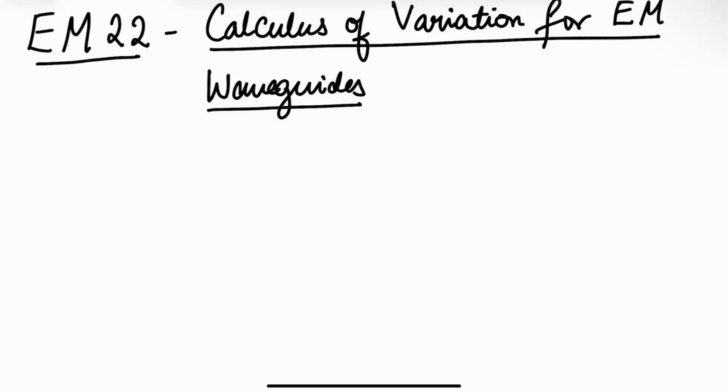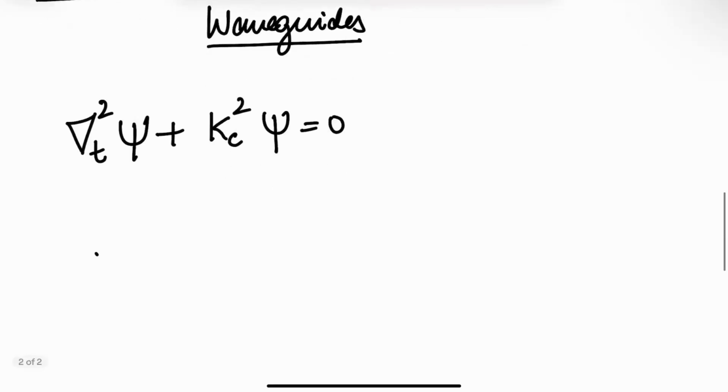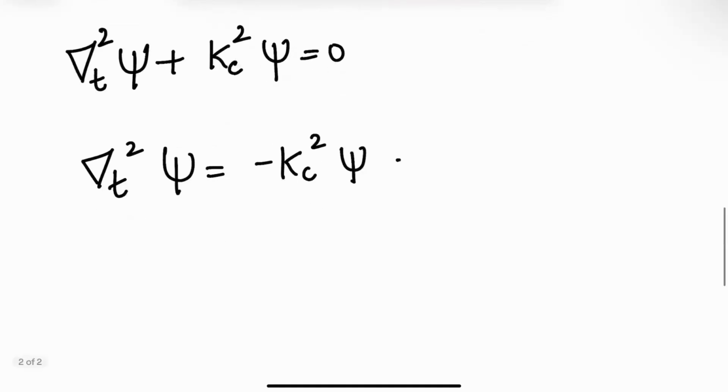Okay, so let's start from the standard transverse wave equation that the mode profile satisfies, del t squared psi plus kc squared psi equal to 0. Now I can rearrange this as del t squared psi equal to minus kc squared psi. And then this looks like an eigenvalue problem, right?